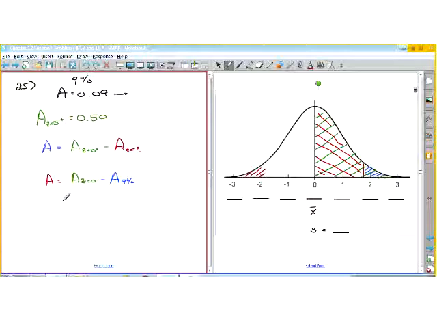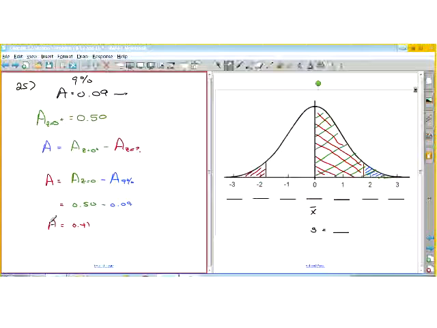Okay, so what we get here is the green area is 0.5. We subtract the blue area, which is 0.09. So the red area is equal to 0.41. So if this is 9% and the whole thing is 50%, then this has to be 41%.